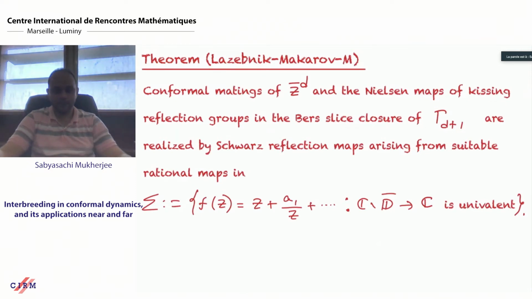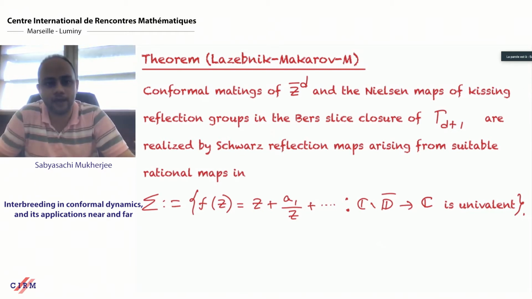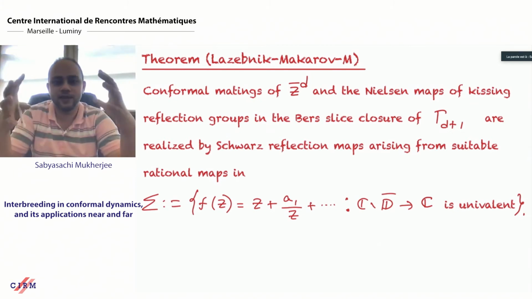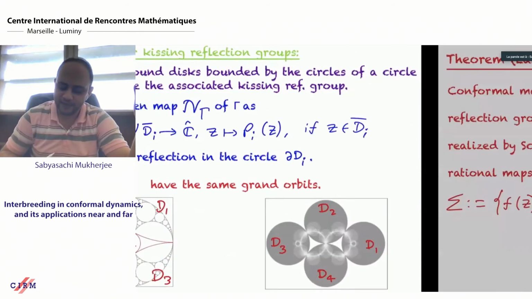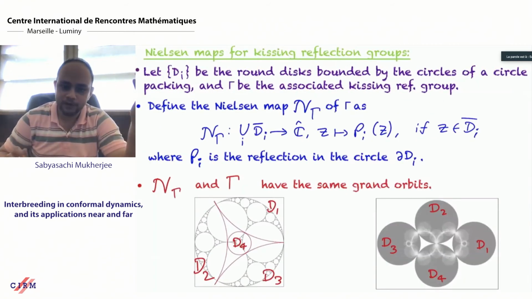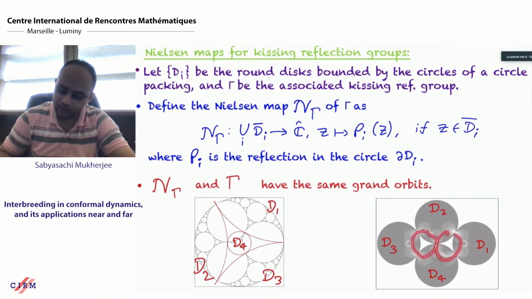So I should say, why am I only working with Baire slice closure groups while mating? Well, you don't mate two rational maps, right? You mate two polynomials. And you look at the interesting parts of the dynamics, namely the filled Julia sets. The groups on the closure of the Baire slice play a similar role to the one polynomials play in rational dynamics. If you take a group in the closure of the Baire slice, they all have an invariant component in the domain of discontinuity.